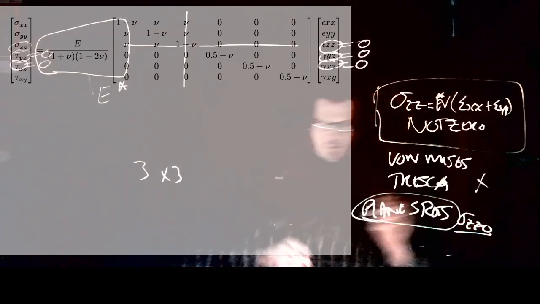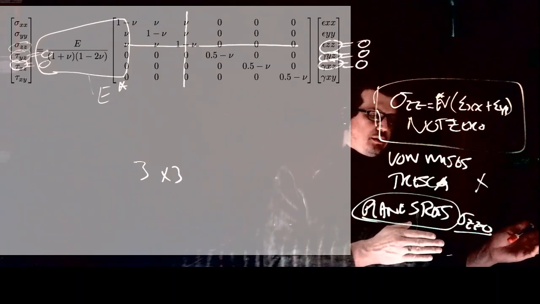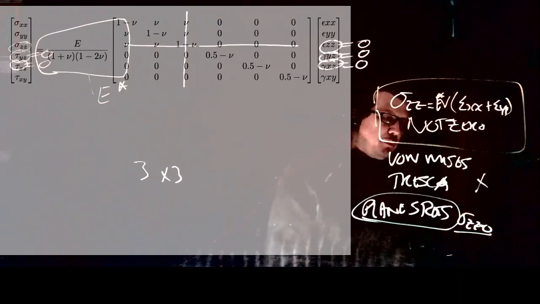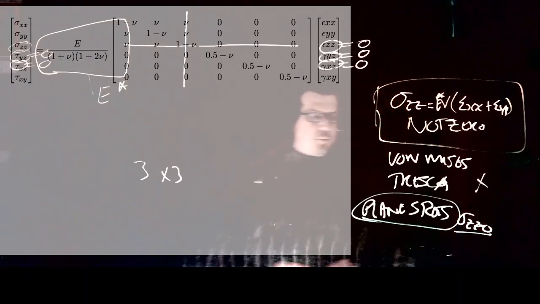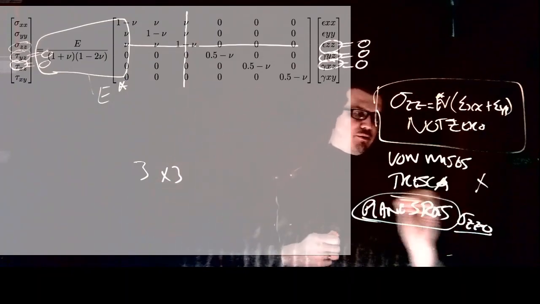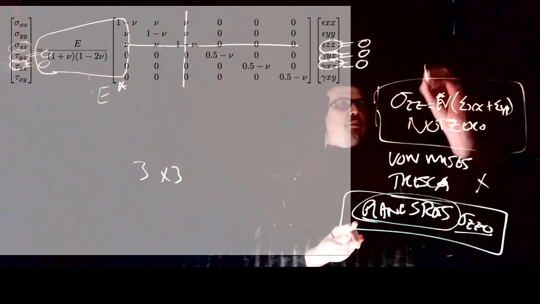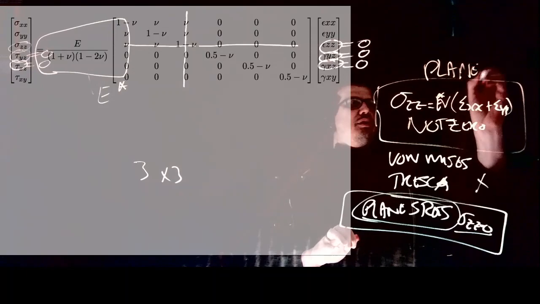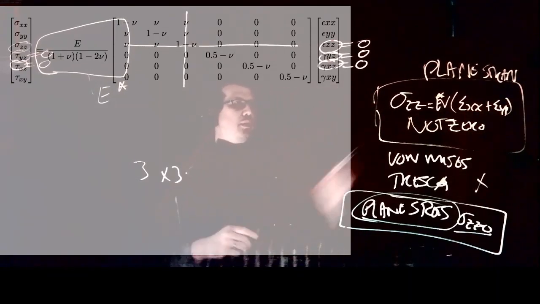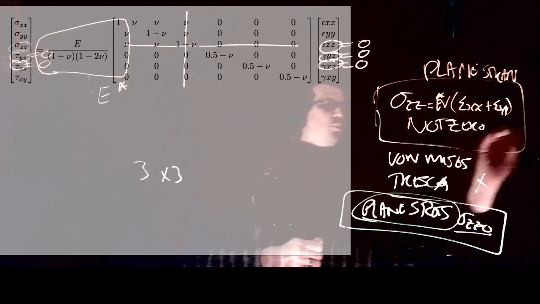You still have to know that, because your other principal stresses might be positive, and then your smallest principal stress will be sigma ZZ. So it's important not to forget that they do have values. In plane stress, sigma ZZ equals 0, and in plane strain, sigma ZZ equals E star Poisson times epsilon XX plus epsilon YY. Okay, this is important to take note of.